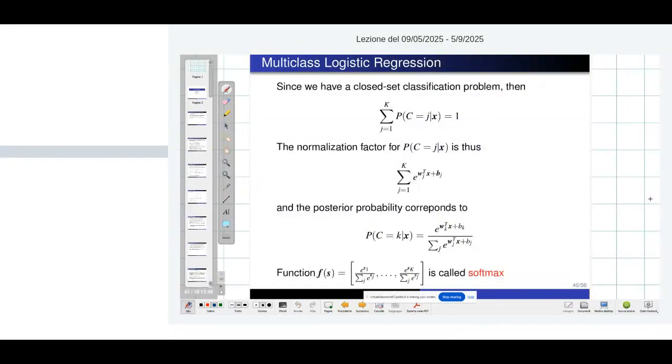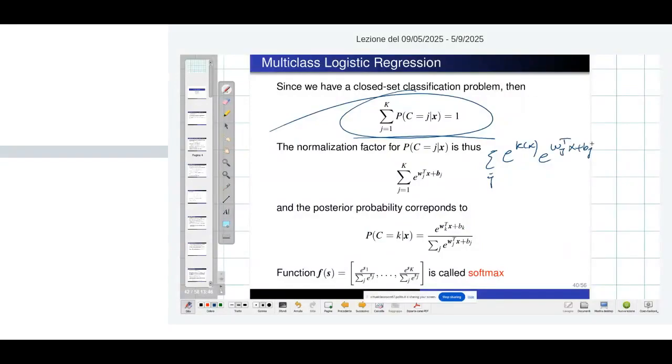Now, I should compute the exponential of k of x, but I don't want to do it. To avoid doing it, we remember that we have a closed set classification problem. So the sum of all the class posterior probabilities should be 1, which means that if I rewrite the expression for all the classes, this should be 1. I take this outside, and I get this expression.